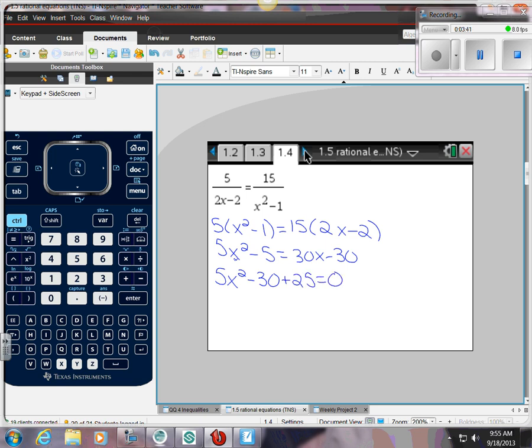Is everybody okay with that? Yeah, so I'm adding 30. 30 plus a negative 5 gives me my positive 25. Now what? Great, what's my GCF? So what goes in my parentheses?